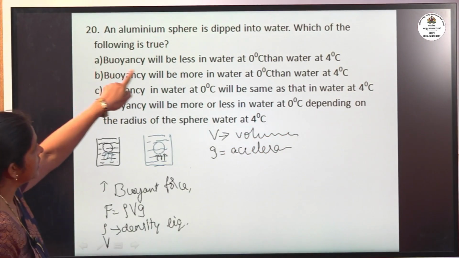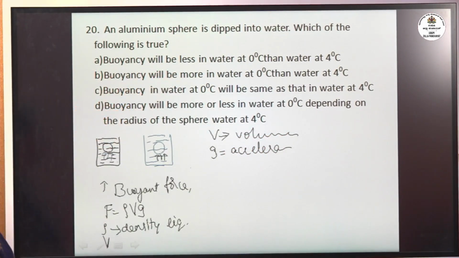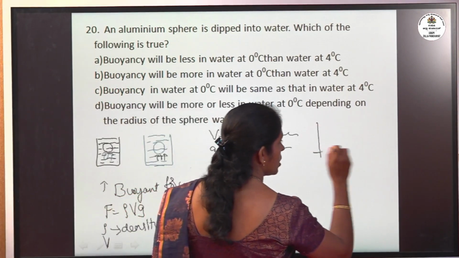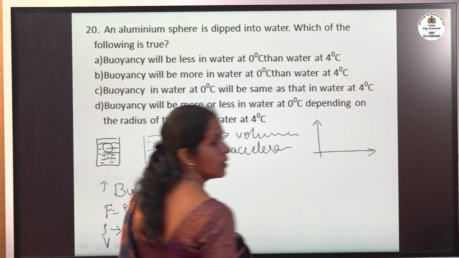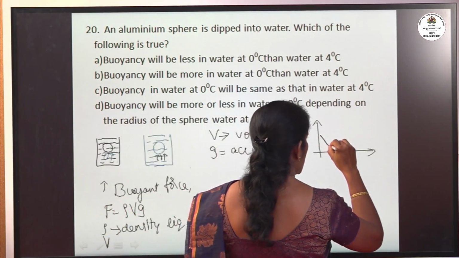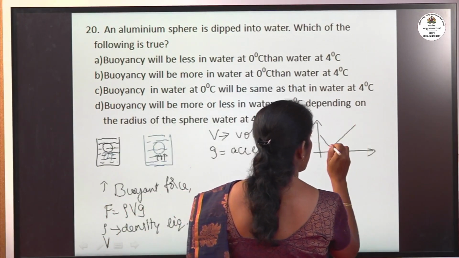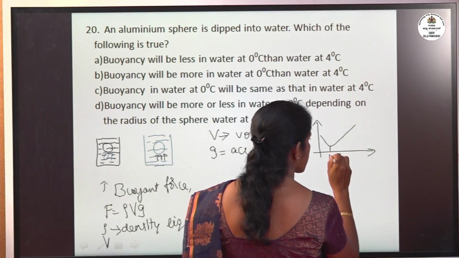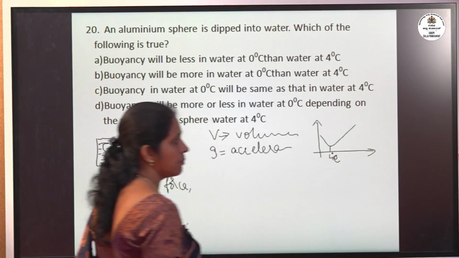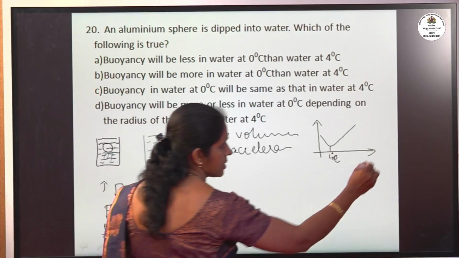So it is given at two different temperatures, 0 degree Celsius and 4 degree Celsius. We know water has a special property, anomalous expansion of water. The volume of water is minimum at 4 degree Celsius.